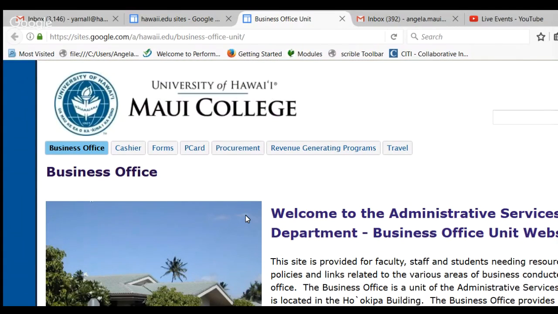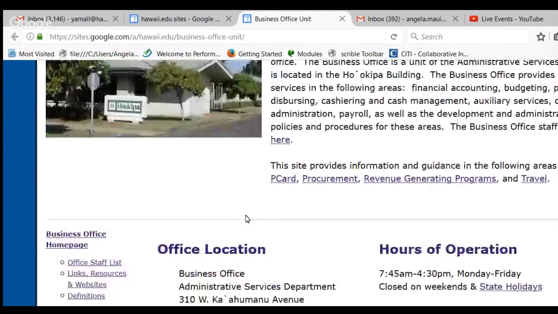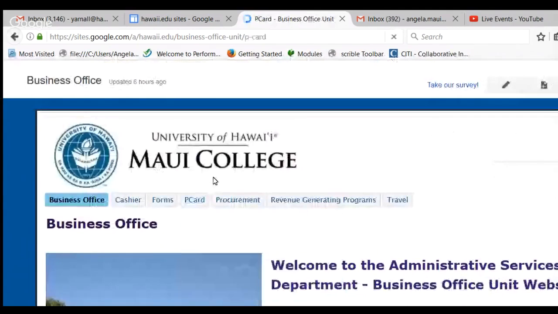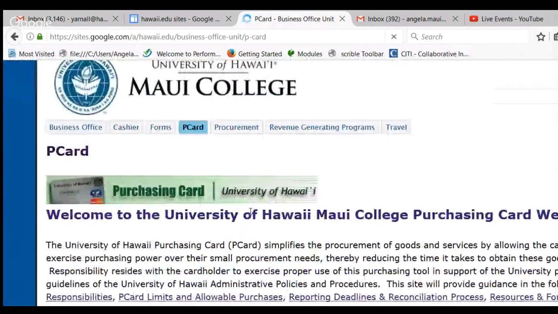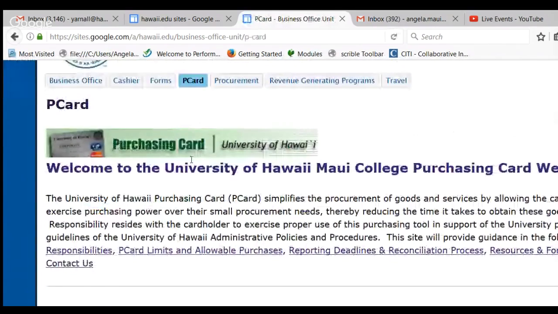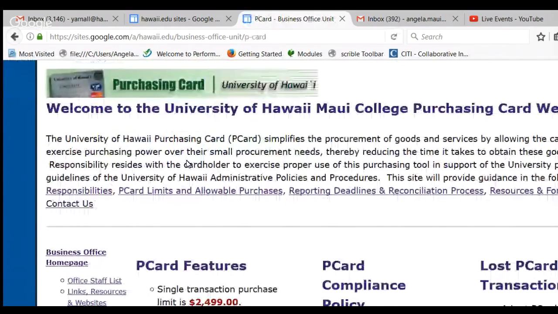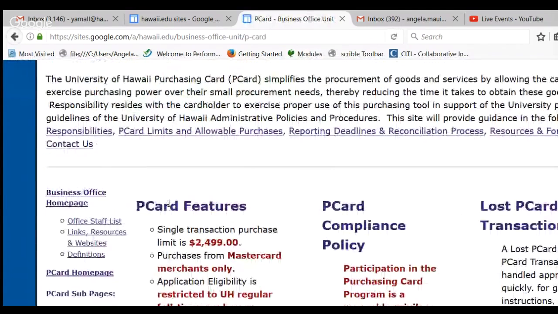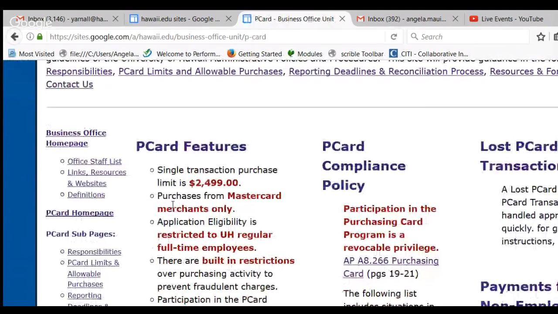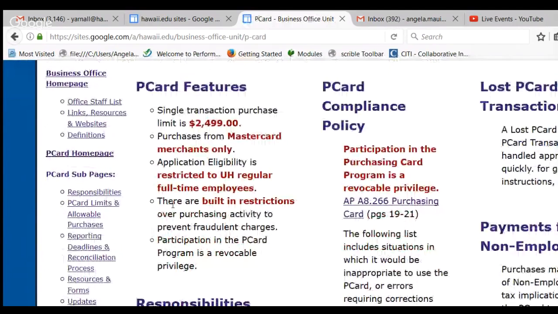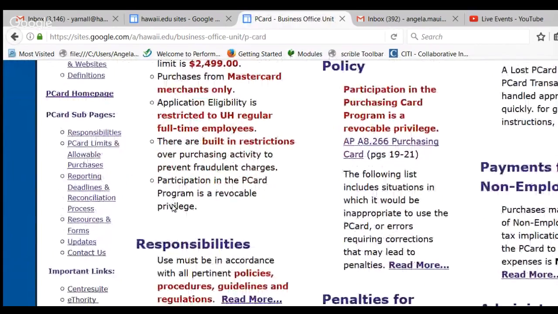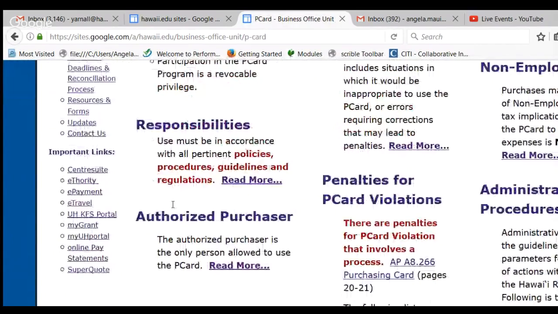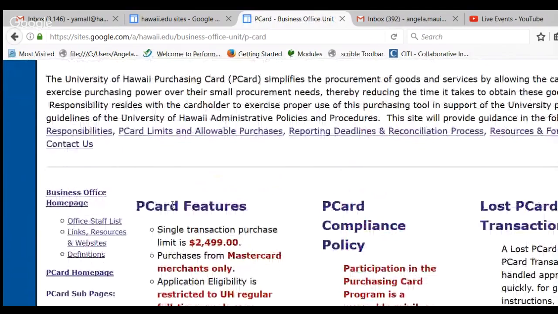I do a lot of P card. I'm going to look at P card first. Oh, that's good. That's from the website. P card features. There's a lot of words. I don't like to read too much.